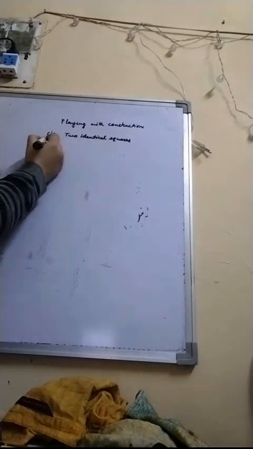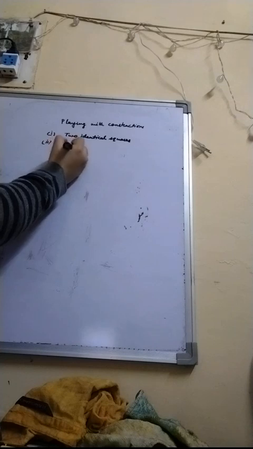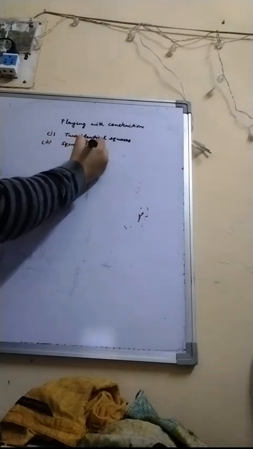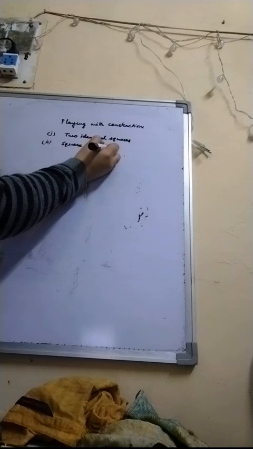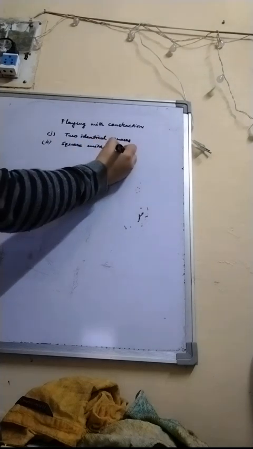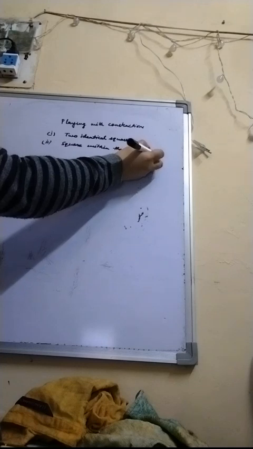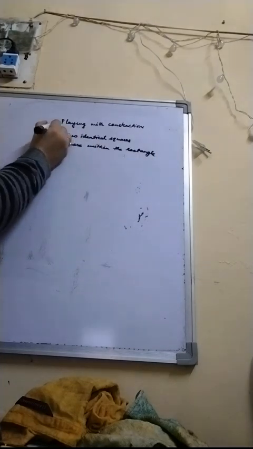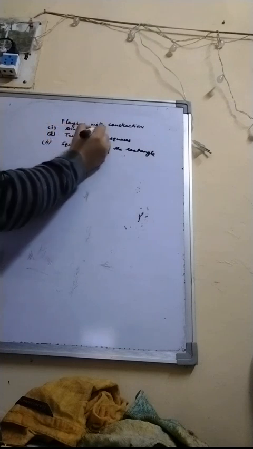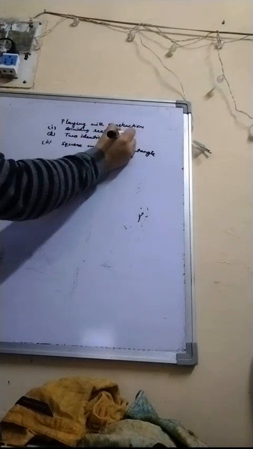In this one we are going to construct a square within the rectangle. This is the second. First was dividing a rectangle into squares.